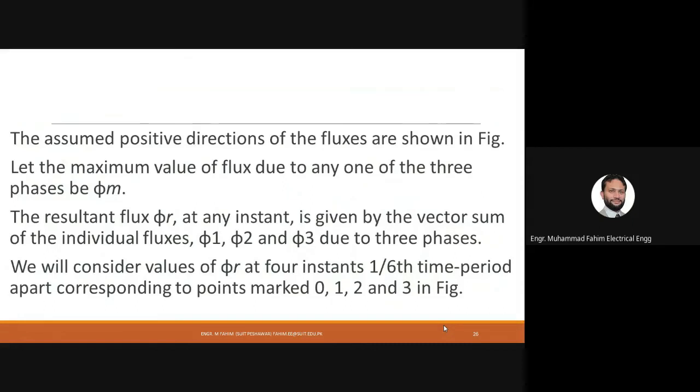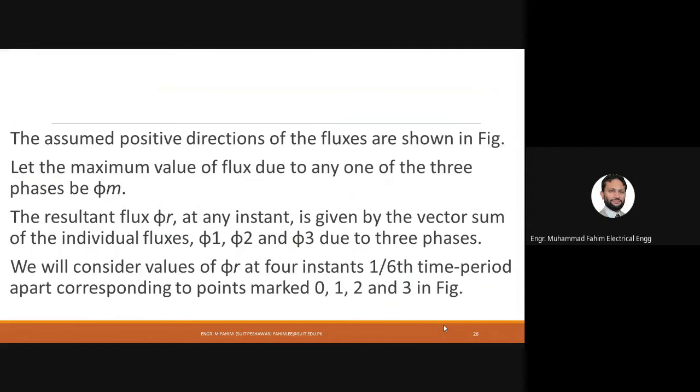The resultant flux phi r at any instant is given by the vector sum of the individual fluxes phi 1, phi 2 and phi 3 due to the three phases.